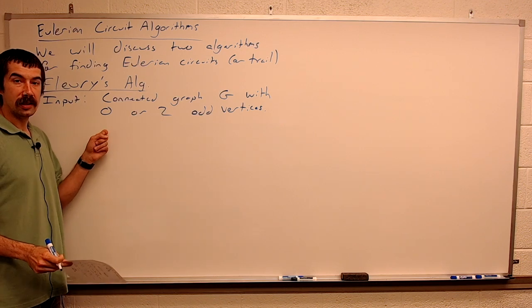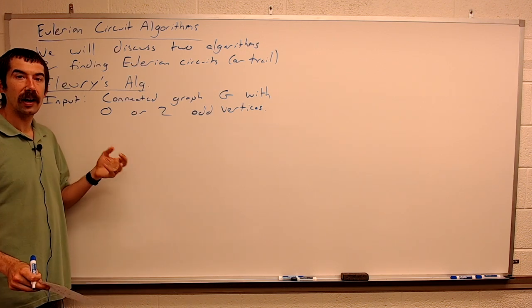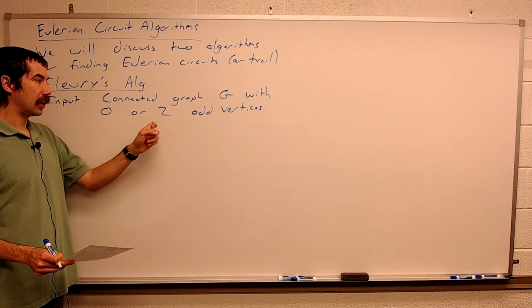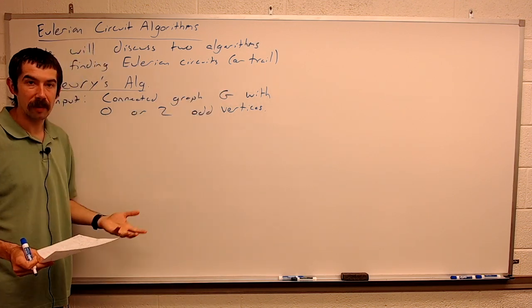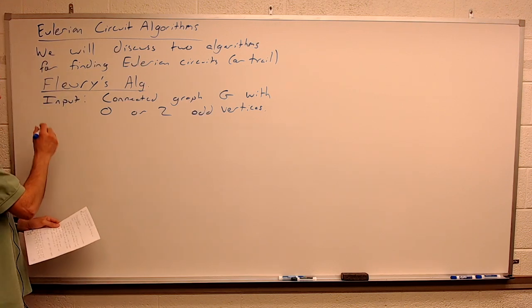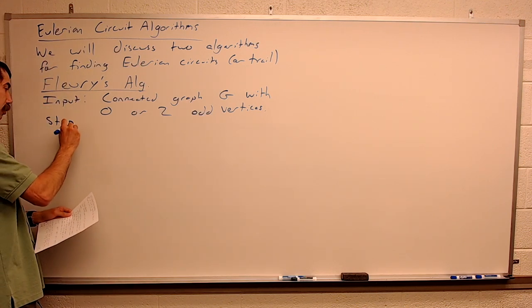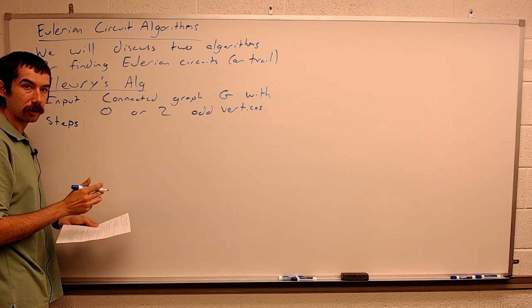If our graph has 0 odd vertices, we're going to be able to find an Eulerian circuit. If it has 2 odd vertices, we're going to find an Eulerian trail. Right? We had a theorem that said that. Okay, here are the steps. And then we'll actually run through an example.